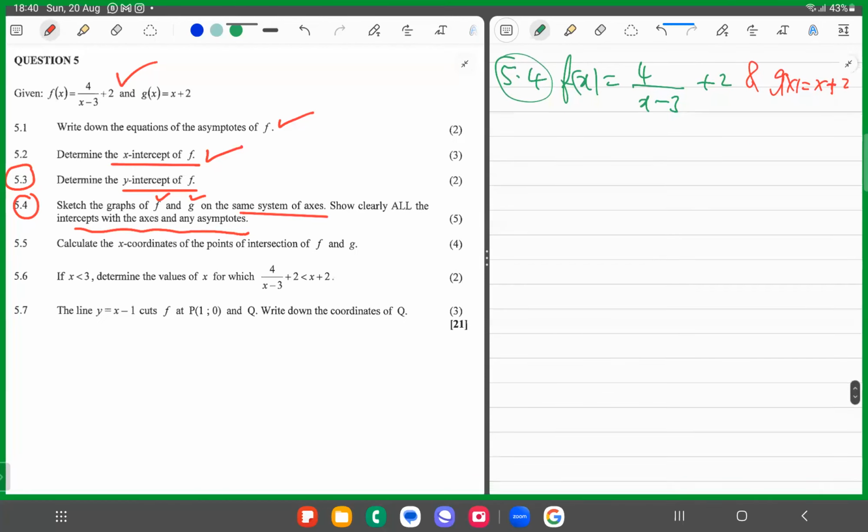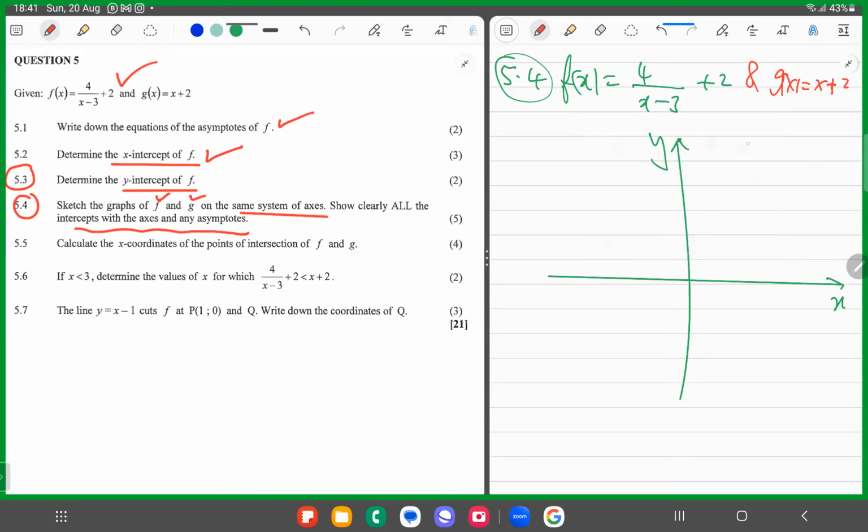So let's look at the two functions. Here are the graphs. Here is one vertical line, and this is the x-axis, the horizontal axis, and this is the y-axis.